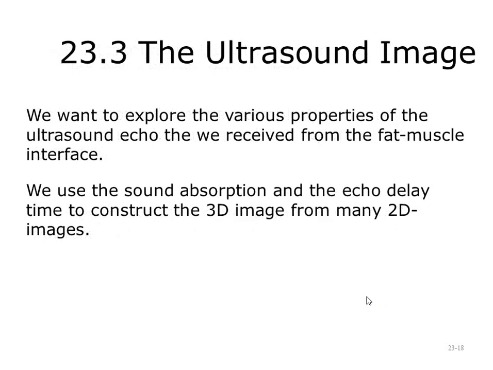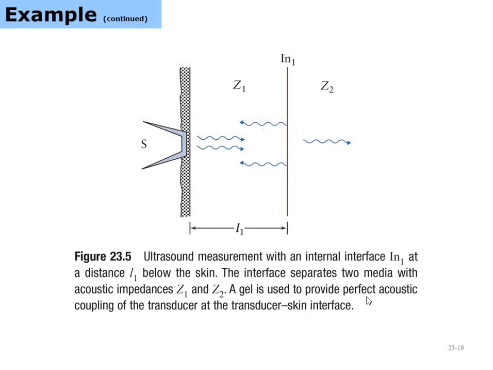Now let's go to the next part, that is ultrasound imaging. Here we will simulate an actual ultrasound imaging application. As we can see in this figure, the ultrasound frequency is emitted from the transducer and then it is detected.